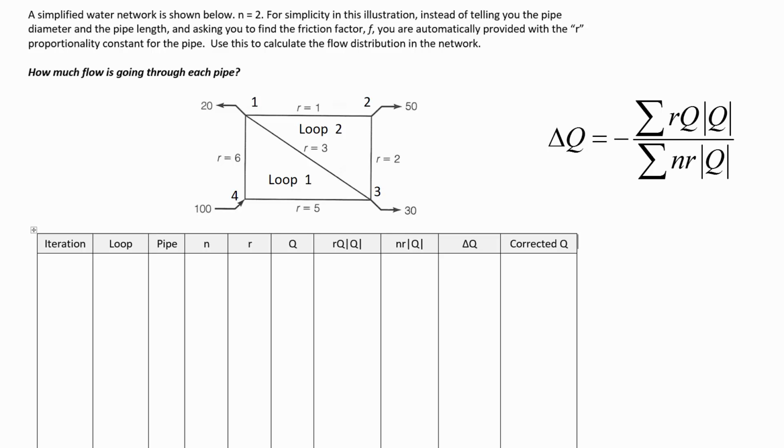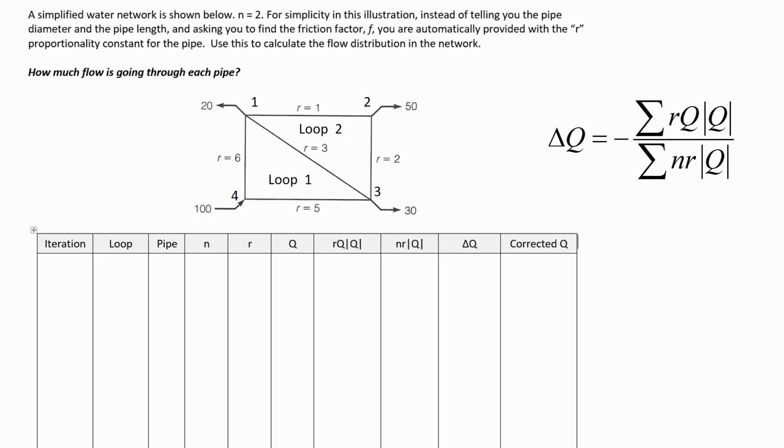Right now, our mindset is the loop 1 mindset. Thanks for asking that. Okay? Pipe 1-4, positive or negative 70? Positive, yep. And then this flow through pipe 3-4 is negative 30 because it's going against the arrow.